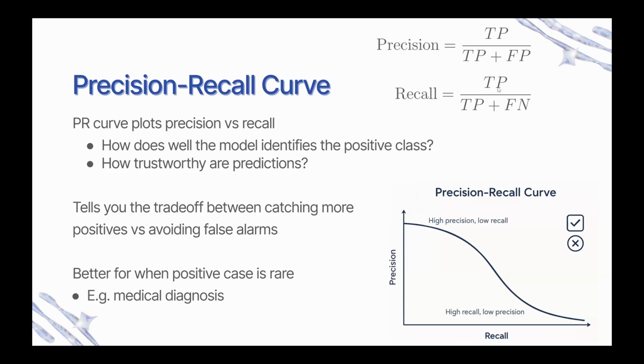And no, sorry. Okay. Precision is catching more positives, and recall is avoiding false alarms. Okay. So your model might be somewhere around here, but this is a trade-off curve that can tell you where your model is sitting. Is it better at predicting positives, or is it better at avoiding false alarms?